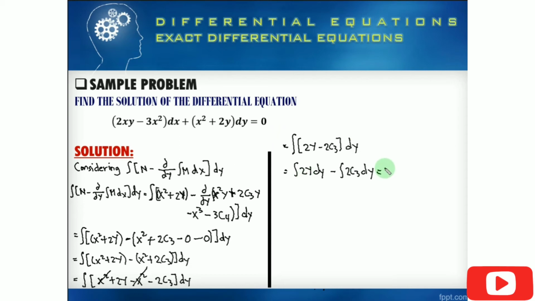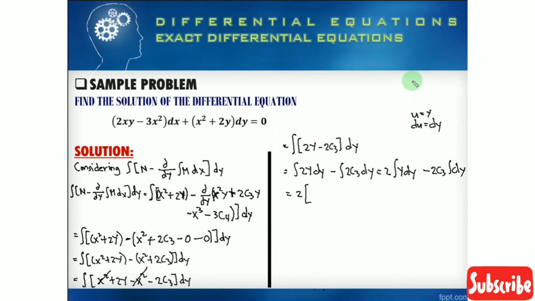We extract the 2, so the integral of y dy, minus, we extract the constant, 2c3 times the integral of dy. This is equal to 2 times u to the n plus 1 over n plus 1 plus a constant, where we let u equal y, and du is equal to dy.